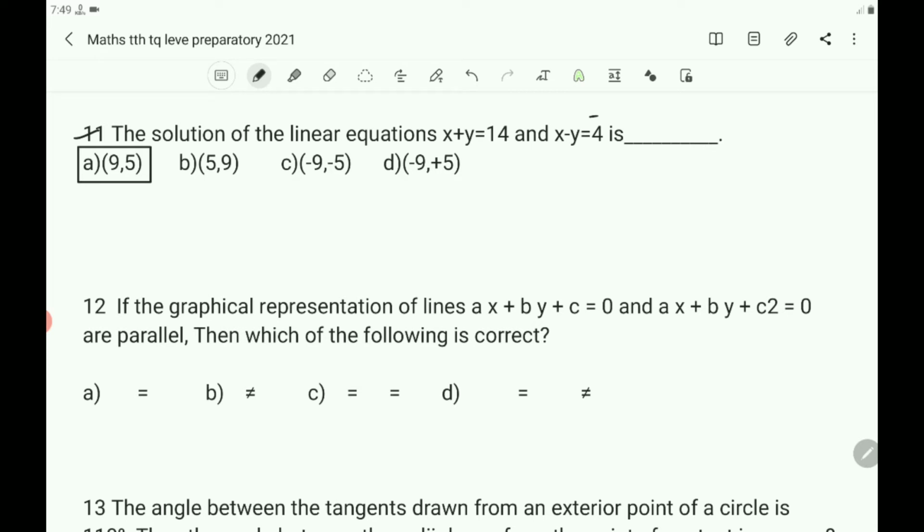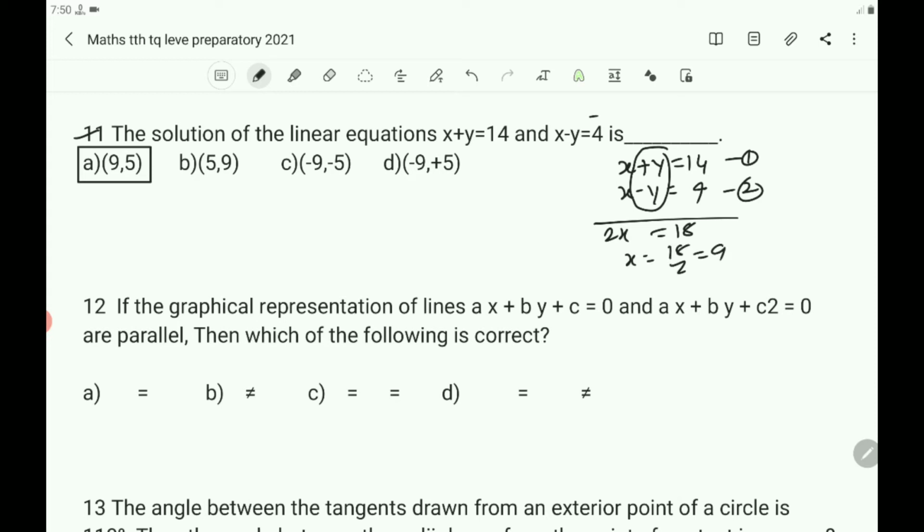Or you can use the elimination method to find the solution. x plus y equals 14, x minus y equals 4. Consider this first and this second, and add them, as they have different signs and the coefficients are the same. So x plus x becomes 2x equals 14 plus 4, 18, x equals 18 by 2, 9.